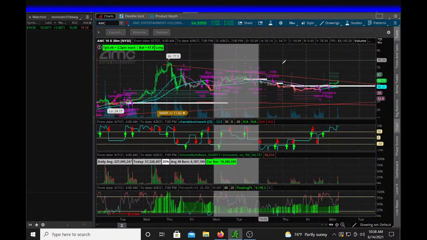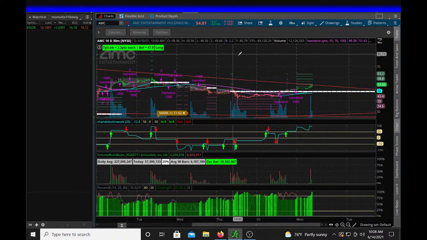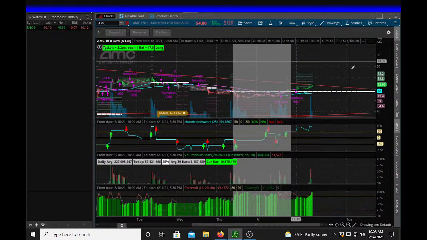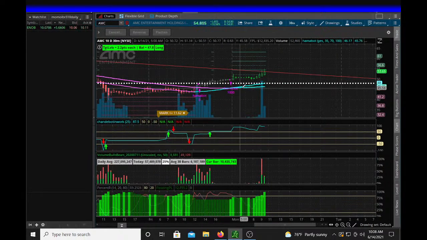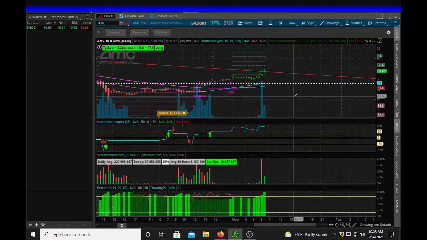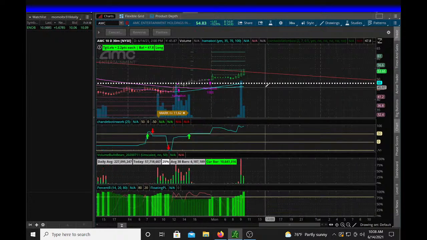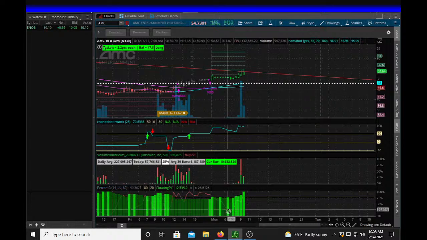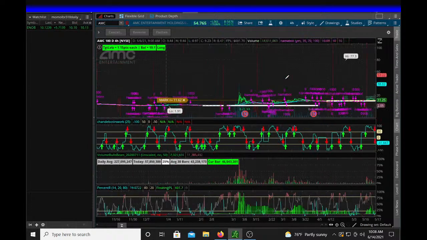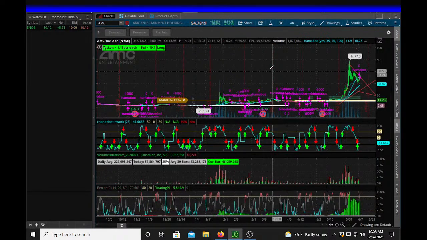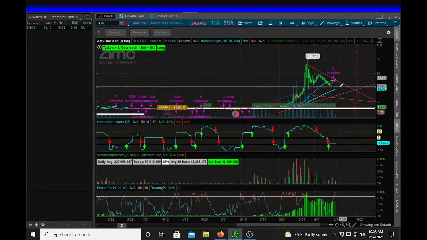Now we can start looking for, it's touching our line right here, we can start looking for a breakout to happen. And we can see we got a positive crossing over on this moving average. Now what we can really expect is it to get pushed back down and rejected until it gets into such a tight spot that it blows out.